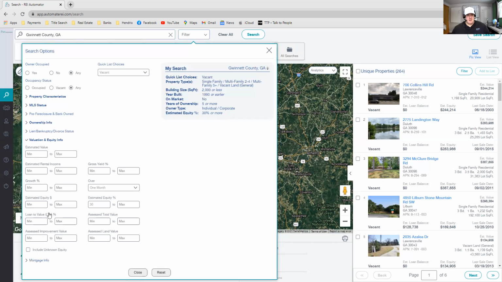just depends. So the reason why I do estimated equity rather than a loan to value is that they might, let's say they have a loan to value of 50%. So let's say their house is worth 300,000, they owe 150,000. Now, if it was just that, that would be 50% equity, right?